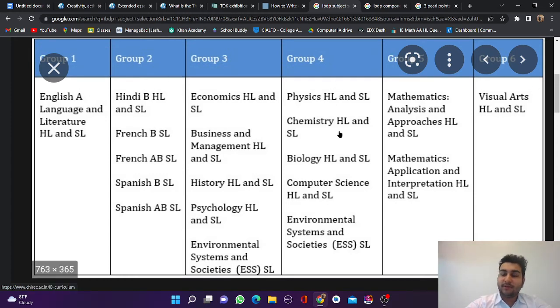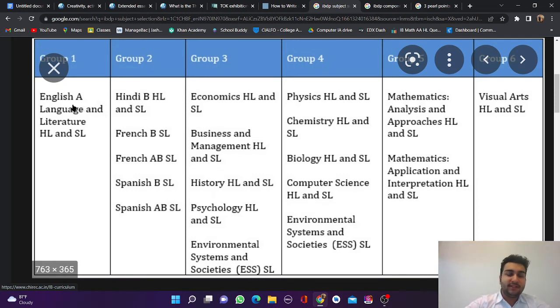You can also choose another subject from group 4 or group 6. Each subject has two courses, the SL and the HL course. The standard level course is basically a little easier than the higher level course. So that is the difference between SL and HL.